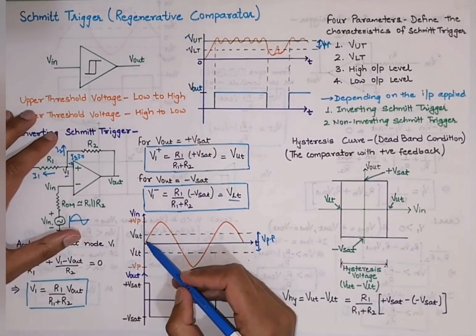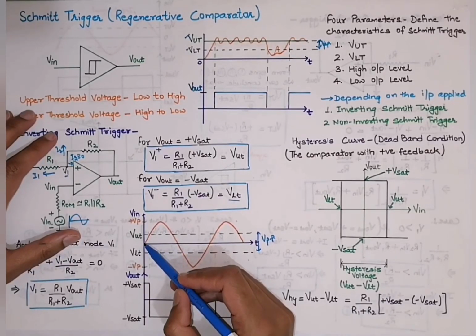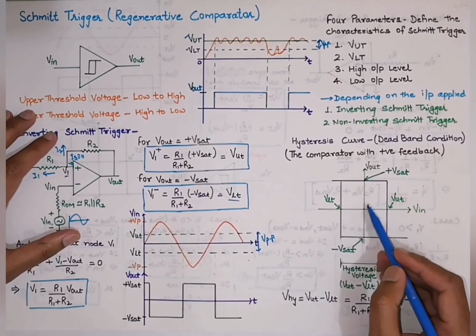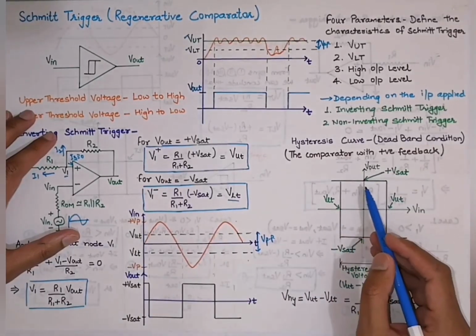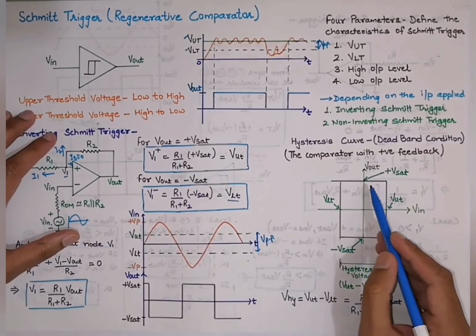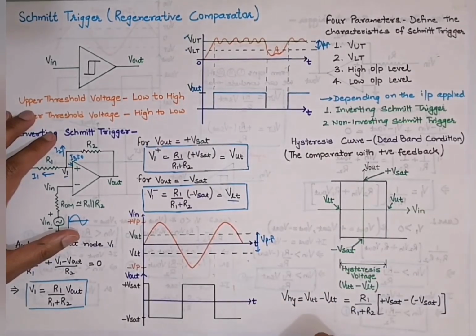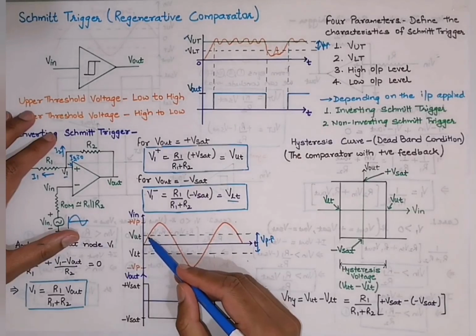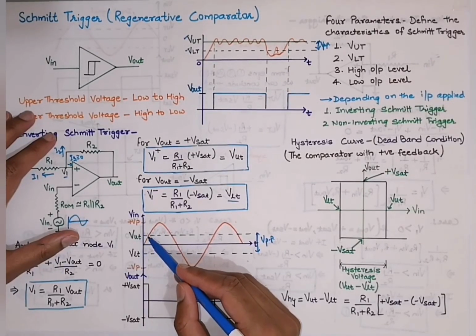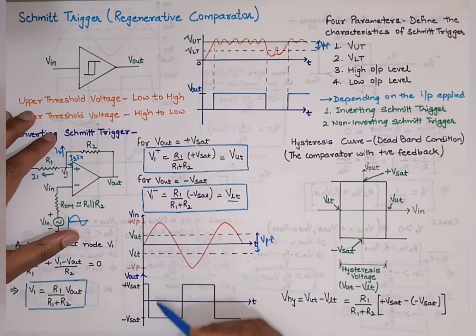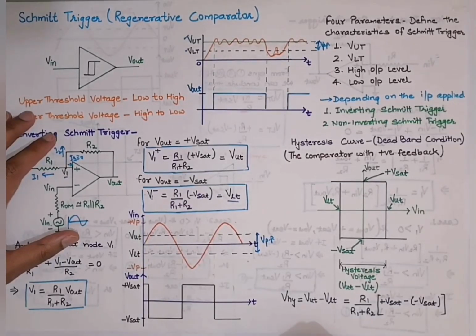As I increase the amplitude of the input voltage, my output voltage remains constant at plus V saturation up to a limit, and then it switches to minus V saturation. And this limit is nothing but a level equal to the upper threshold. At this point our input is equal to the upper threshold, so exactly at this point my output will be shifted to minus V saturation.